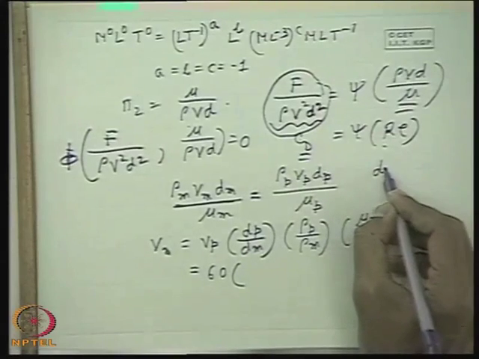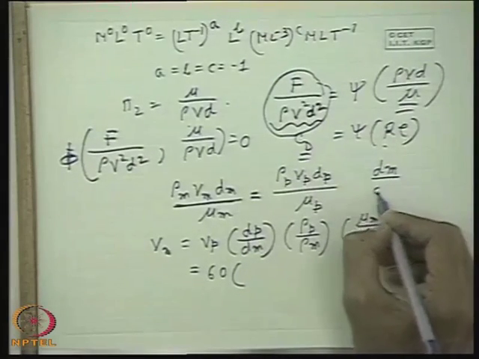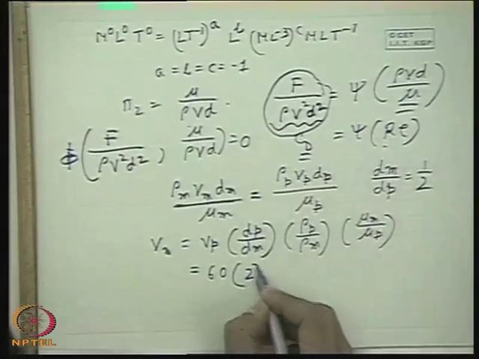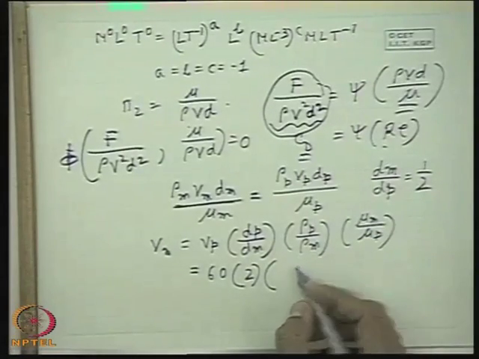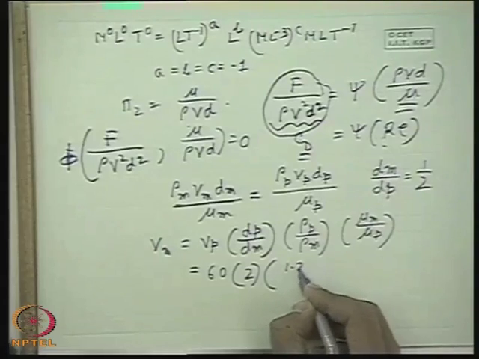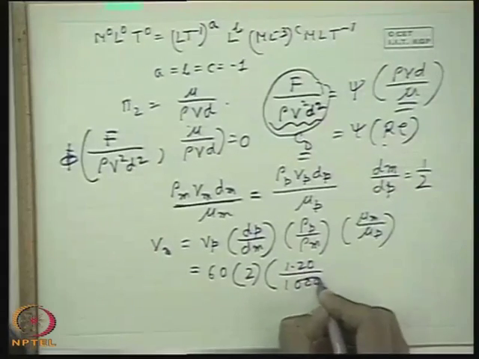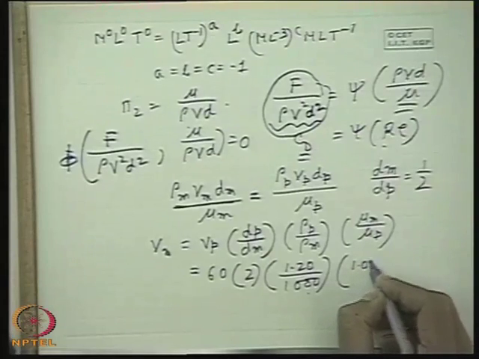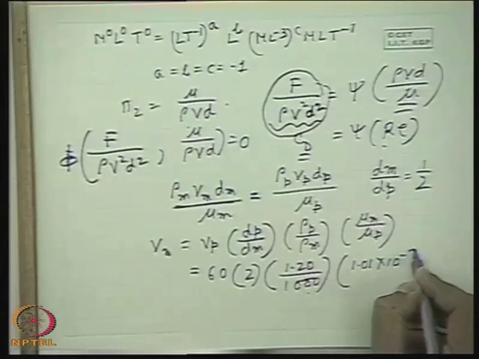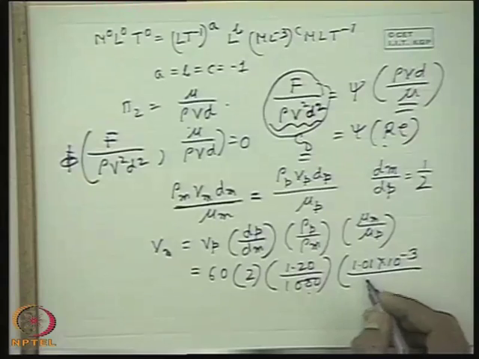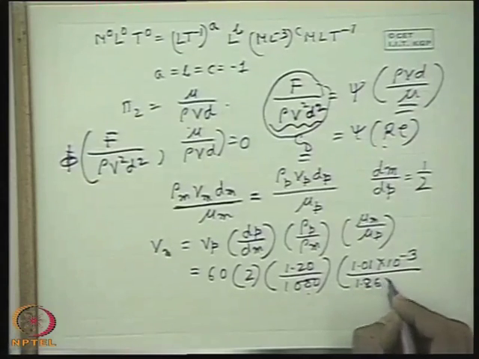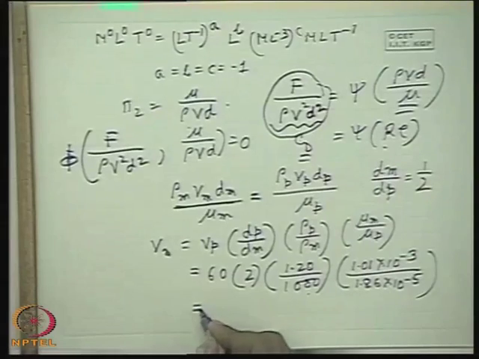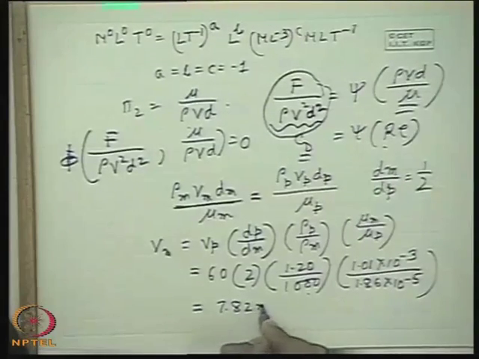The scale factor is a half scale model, that means laboratory scale is half, so dm by dp is half, and this is 2. rho p by rho m is the density ratio, that is 1.20 divided by 1000, density of air and density of water as given. mu m by mu p is the viscosity of water, the model fluid, over the viscosity of air, the prototype, as given. And you get Vm equal to 7.82 meter per second.